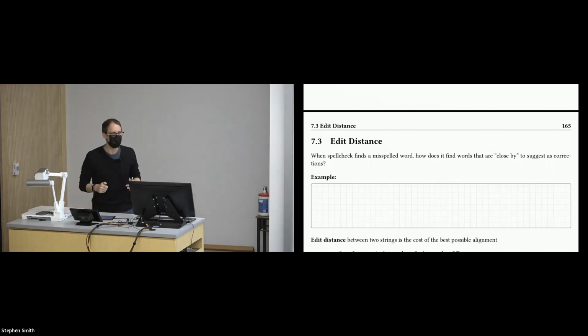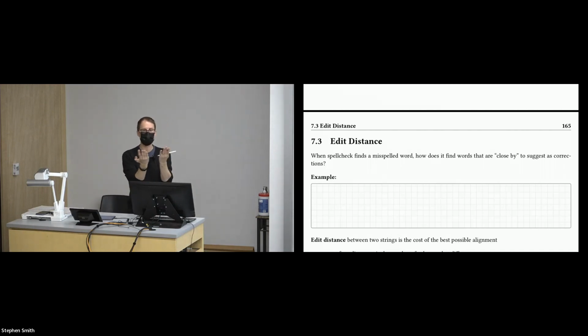So in edit distance, the motivation is this, like in spell check, let's say you have a misspelled word and you want to find the closest word under some metric that is in your dictionary, like the closest real word. So you're doing some distance calculation, like how far is this misspelled word from various real words?